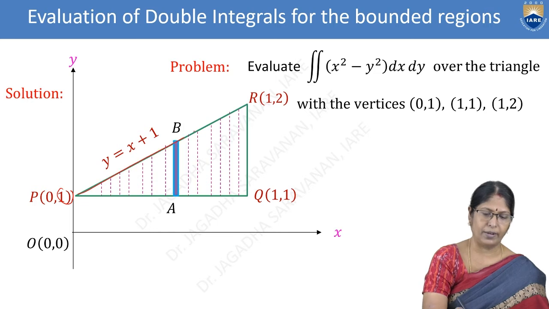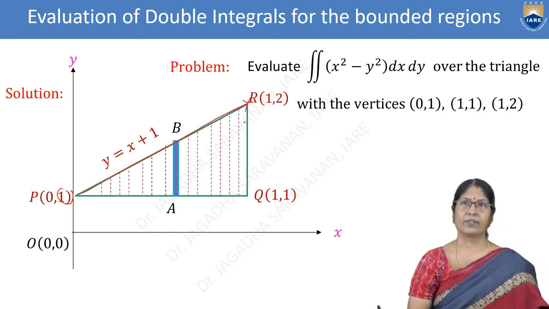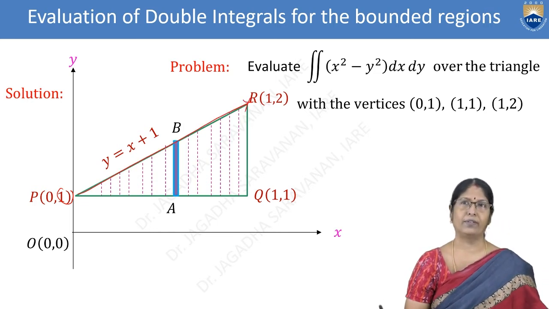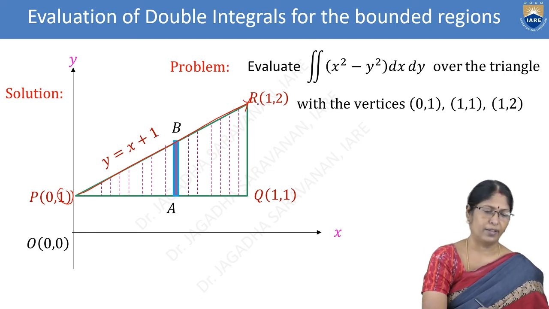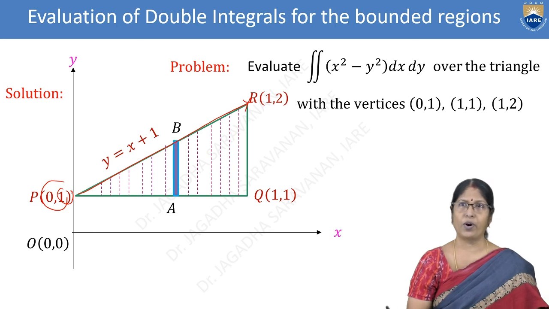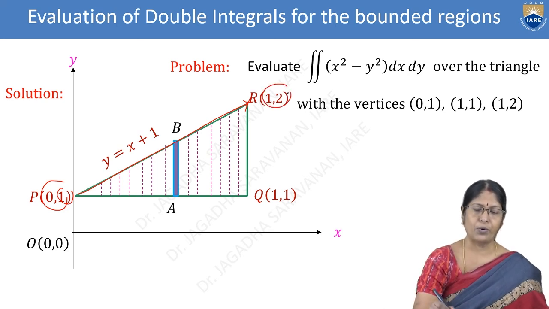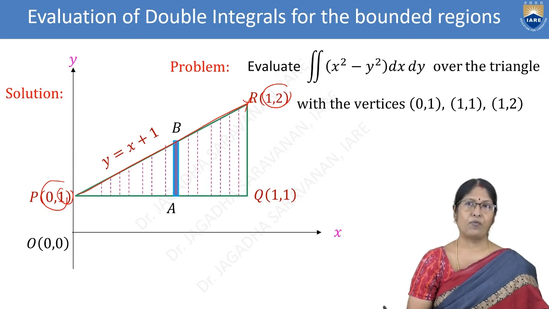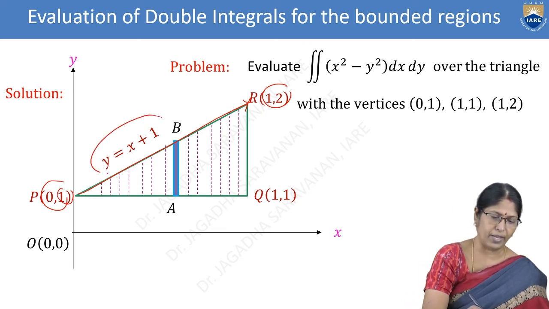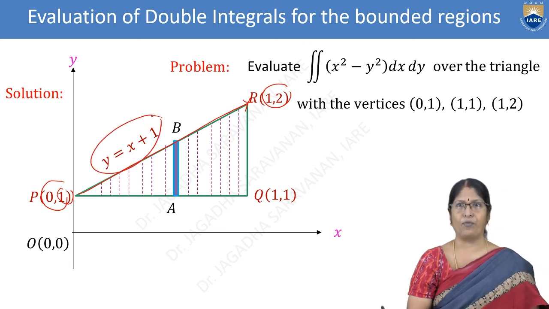And here, this is the equation of a straight line. For this equation of the straight line, two points are there: 0, 1 is one coordinate and 1, 2 is another point. We know the formula for the equation of a line passing through two points. That formula is to be used, and we will get this equation of line.